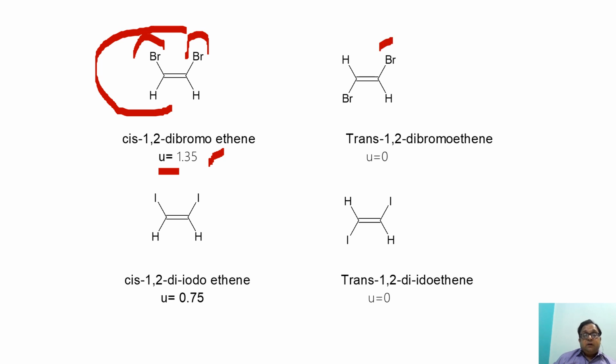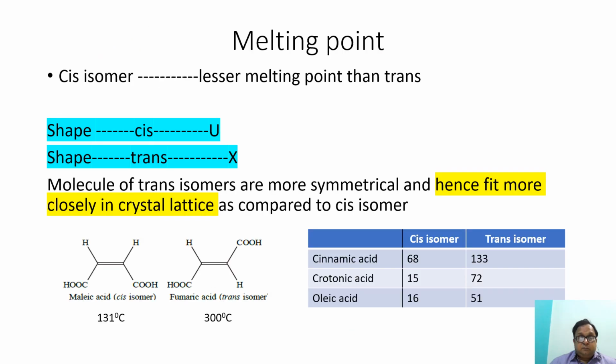In the trans isomer, the bromine atoms are on the diagonal sides, so the value of dipole moment is 0. Similarly, cis-1,2-diiodoethene has a dipole moment value of 0.75 and the trans isomer has a value of 0.